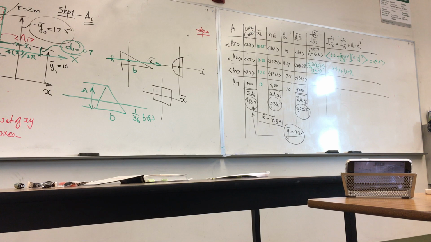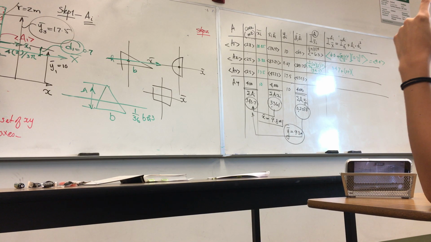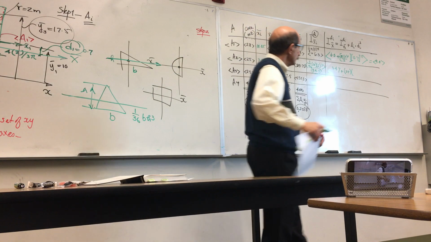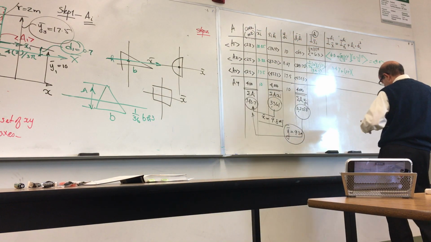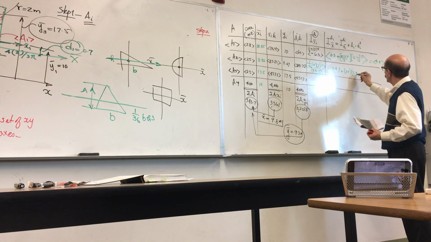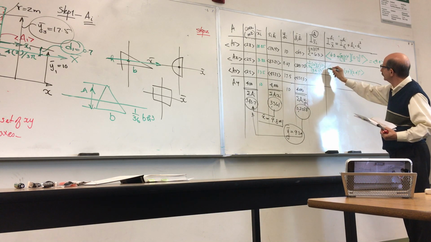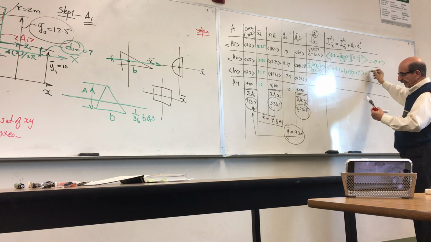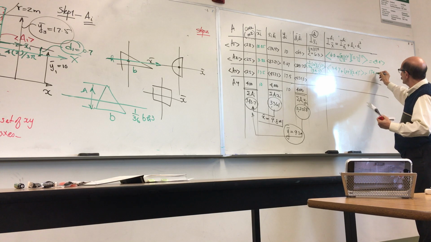So this distance, which I call D2, would be 11.67 minus 9.3. So it would be 2.37. Okay, so 2.37 squared, or 2.4 squared, that will give you 174.3.